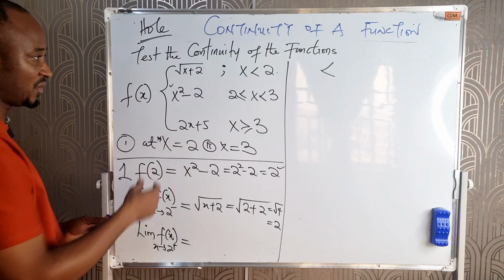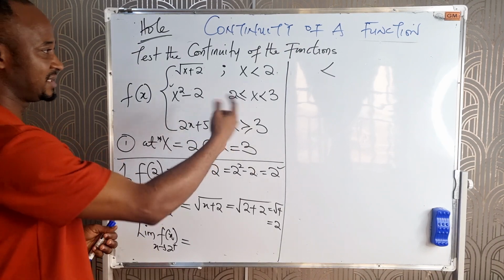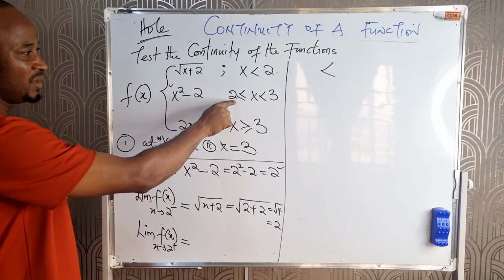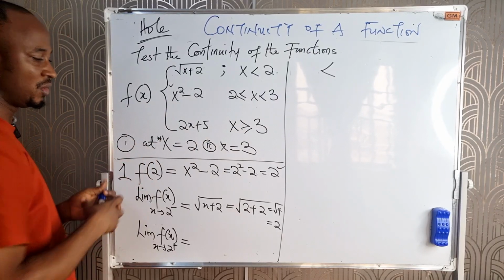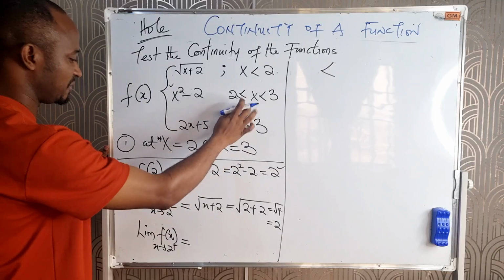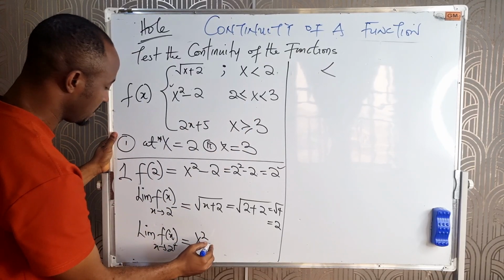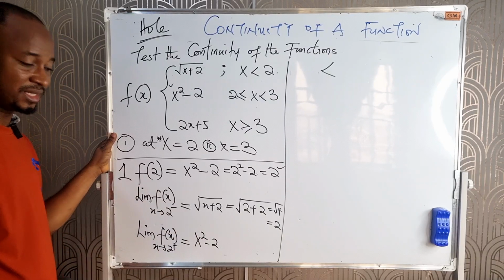Definitely is this, right? Because I said right hand side means greater than. This expression can be written as x is greater than or equals to 2. If 2 is less than or equals to x, that means x is greater than or equals to 2. So I'm going to use it to find my limit, which is x squared minus 2. There's nothing like factorization here.